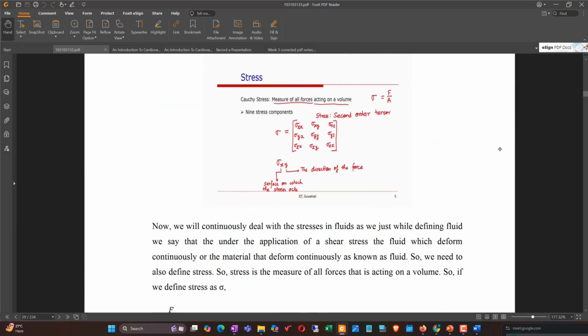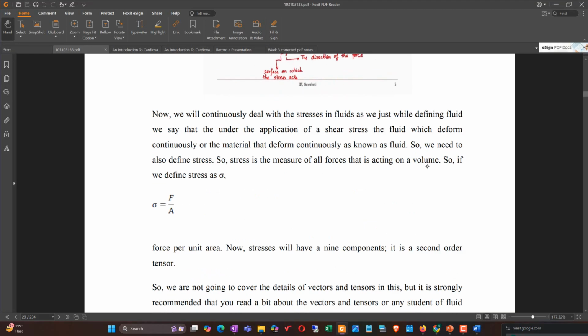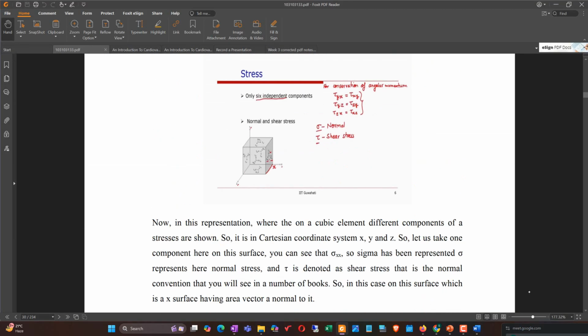Cauchy stress: these are all the forces acting on the volume. You see, these have been discussed thoroughly.